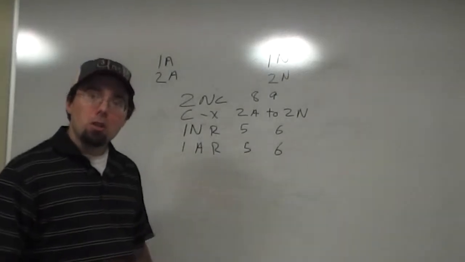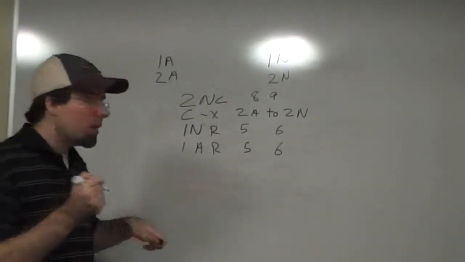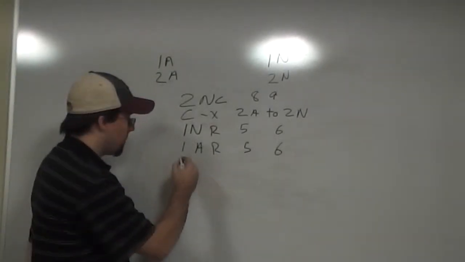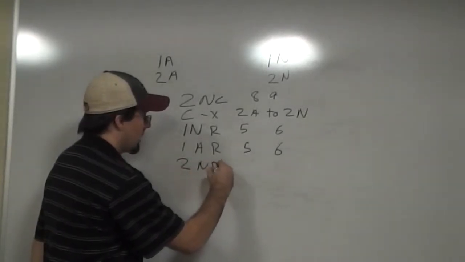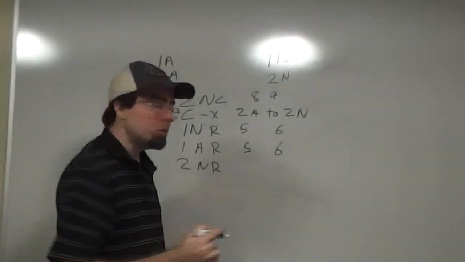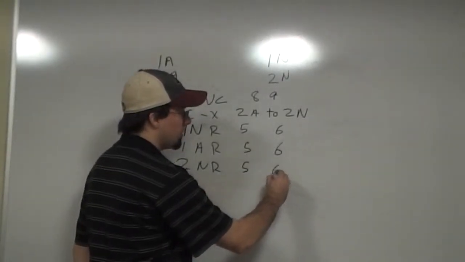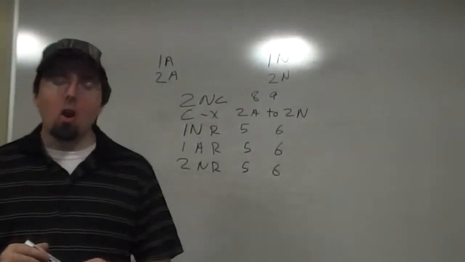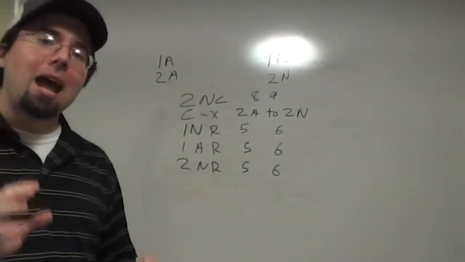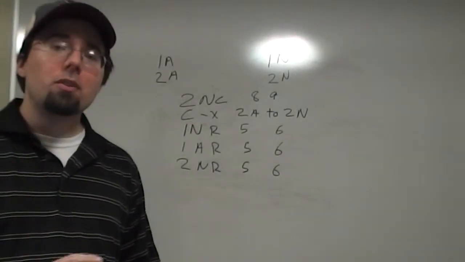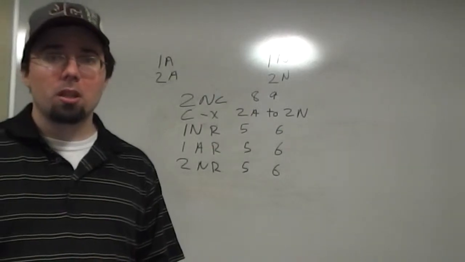So after the 1AR has spoken, there will be a second negative rebuttal. In high school, it will be 5 minutes long. In college, it will be 6 minutes long. The 2NR is the last speech given by the negative team.